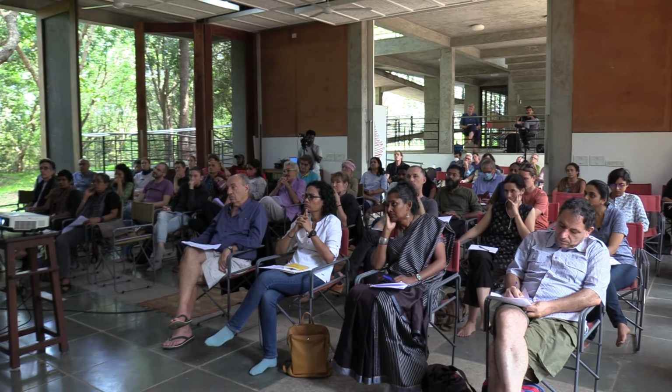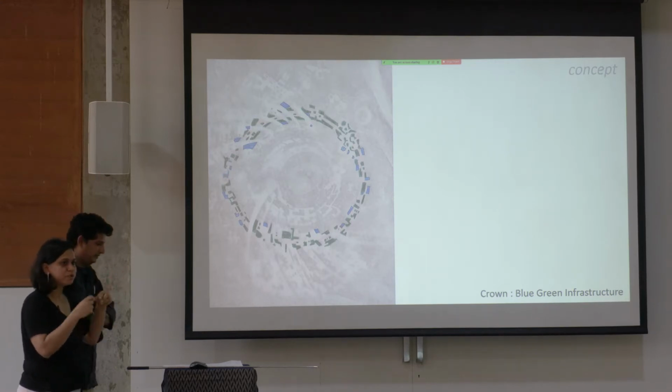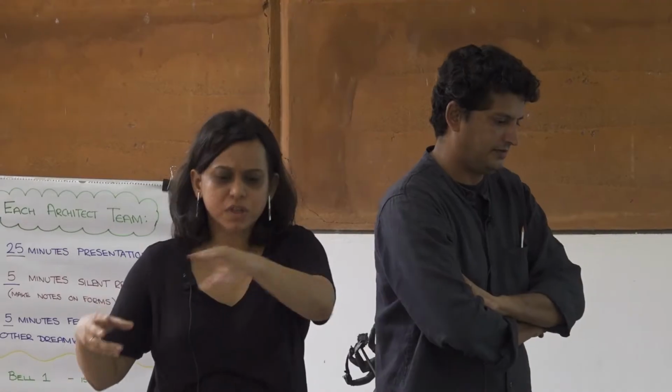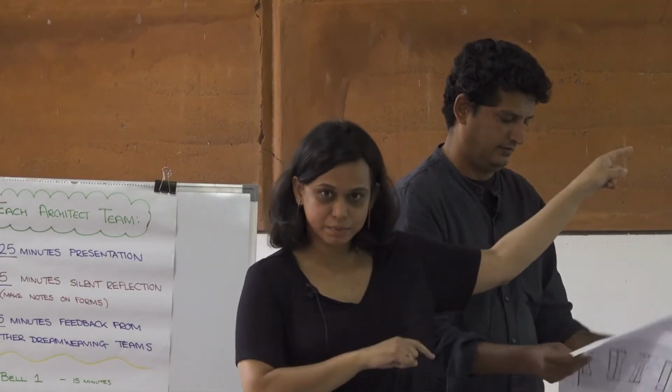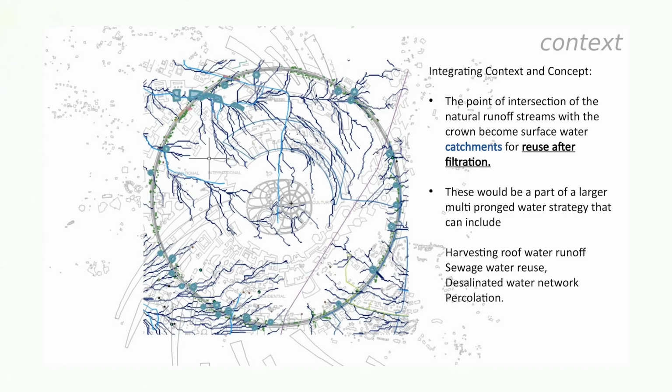So at the moment, we are flipping between context and concept. From the context of the location, of the zoning, of what's happening on the plan itself, we went back to the concept. Now we go back to the context and look at the water streams, seeing how that concept of the green and blue galaxy can really come on the ground today.